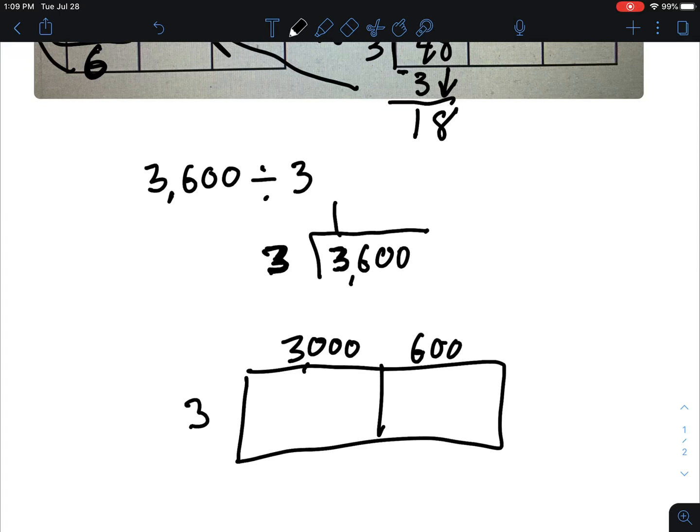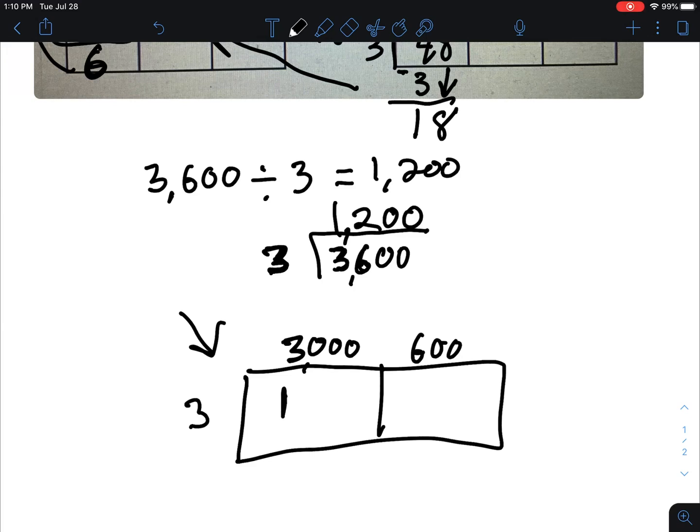So let's show you with the algorithm. So this, I would just say, how many 3's go into 3? 1. How many 3's go into 6? 2. And that's it, all right? How many 3's go into 0? 0. How many 3's go into 0? 0. There's your answer. So you could do it that way. When you're dealing with zeros, it makes multiplying and division much easier.